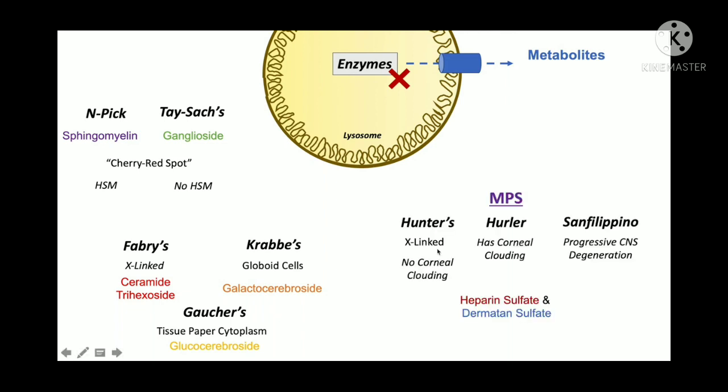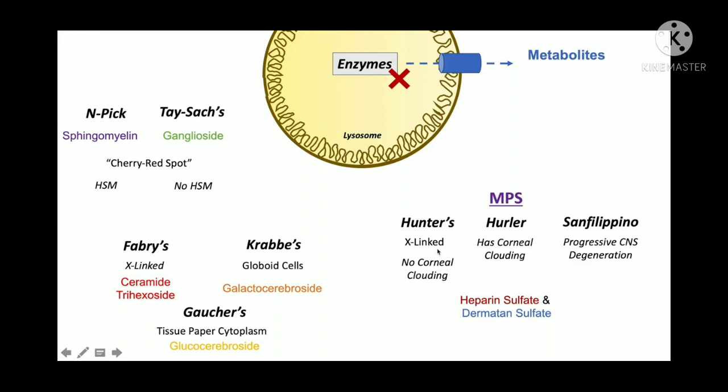Hunter is X-linked, so you can remember X marks the spot. Hunter and Fabry are the only two X-linked conditions where there is no corneal clouding. In Hunter's disease, you can think he has a clear shot, a clear line of sight, which helps you remember that Hunter has no corneal clouding.